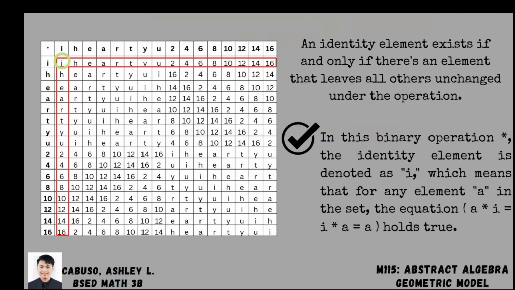Since there's an intersection of the row and column on the table that is the same as the order of elements on the outlines of the table, then there exists an identity element that is I. So in this binary operation, the identity element is denoted as I, which means that for any element A in the set, the equation A star I is equal to I star A is equal to A holds true. So therefore, it has an identity element, and that is I.